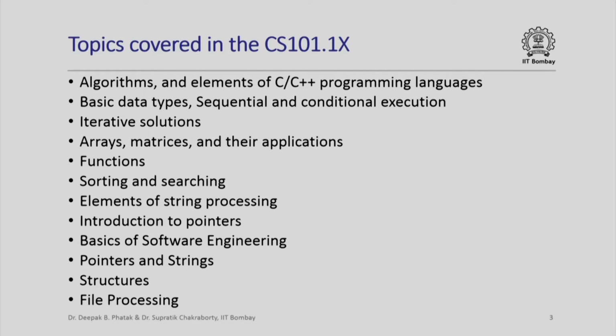We studied functions and how to use functions as part of larger programming problem solutions. We spent a week on understanding sorting and searching. We studied string processing as is done in classical C style, but using the C++ programming language. We also studied pointers and structures and introduced file processing.